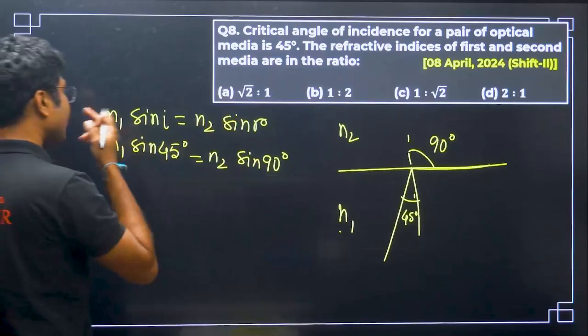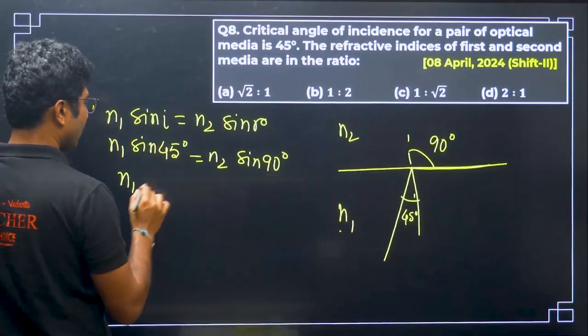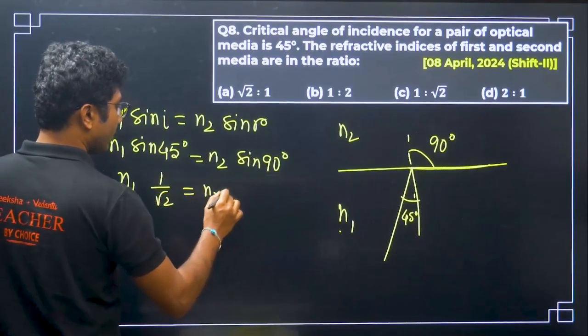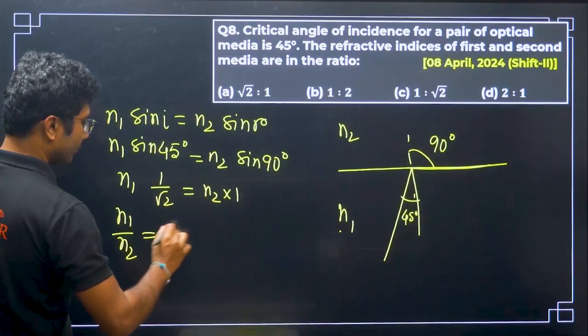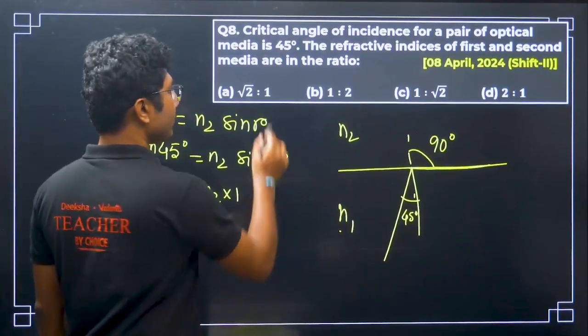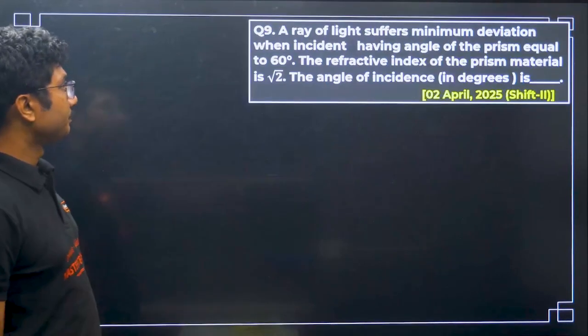Now, this is a very possible question to come in KCET. So, sin 45 means 1 by root 2 equals N2 into 1. So N1 by N2 equals root 2, so the ratio will be root 2 is to 1.